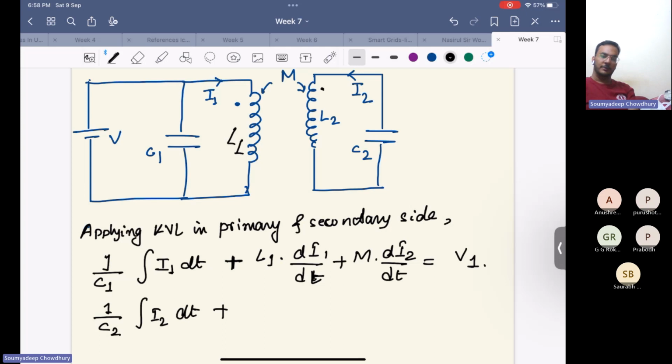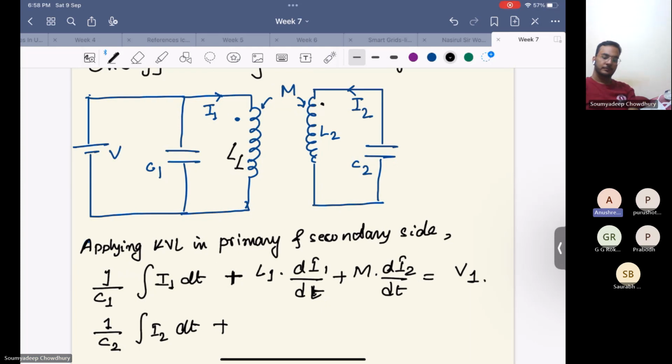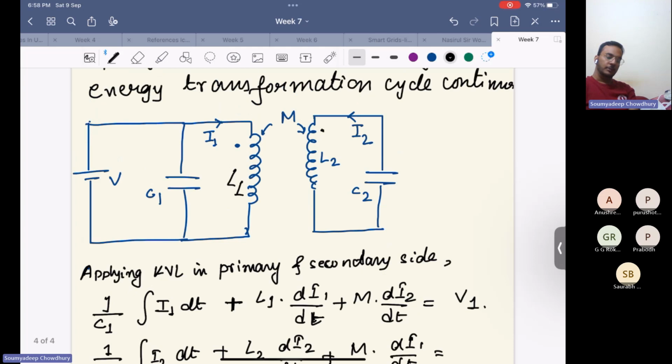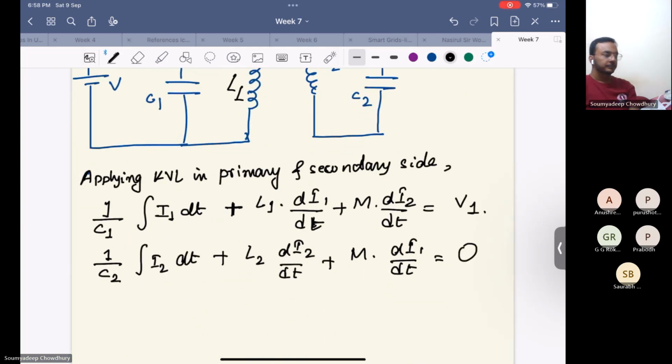Next term, Anushri, can you tell what will be the next term in this equation? L2 di2 by dt, and then plus M di1 by dt. That will be equal to what? V2? There is no V2 here. It is shorted, so it will be 0.